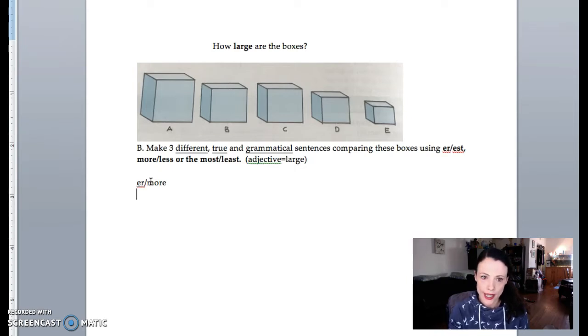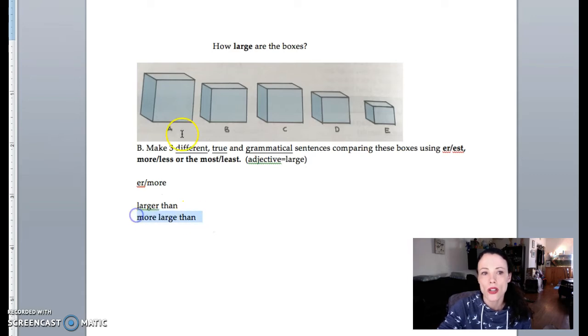So are we going to say larger than, or are we going to say more large than? Those are our 2 possibilities. But we know we can't say more large than, right? Because with the 1-syllable adjectives, you can only say larger. Okay, so I'm going to use larger.